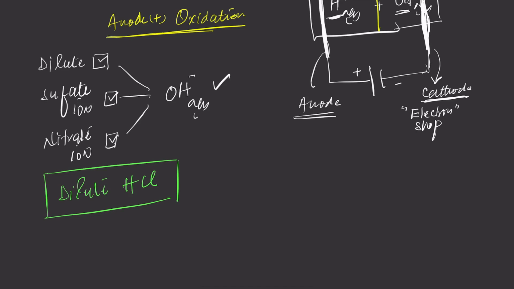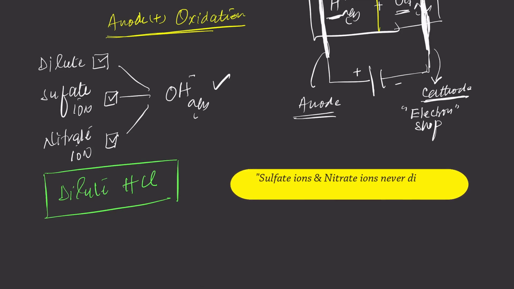Let's see it again. Once again, come to the checklist. Check whether your solution is dilute, or contains sulfate ion, or contains nitrate ion. Then the OH- ion will be the winner.